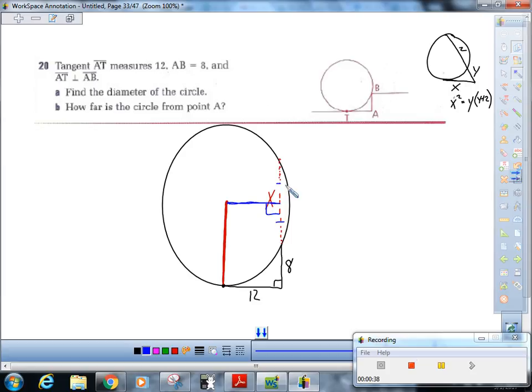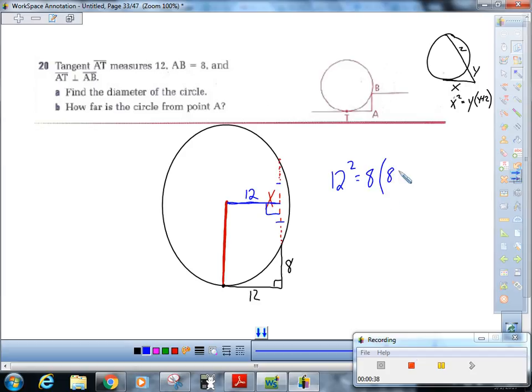So if I could just find x, then I think I know that this is 12, and I would be able to find this part right here, which would find me the radius. So that's the mission.